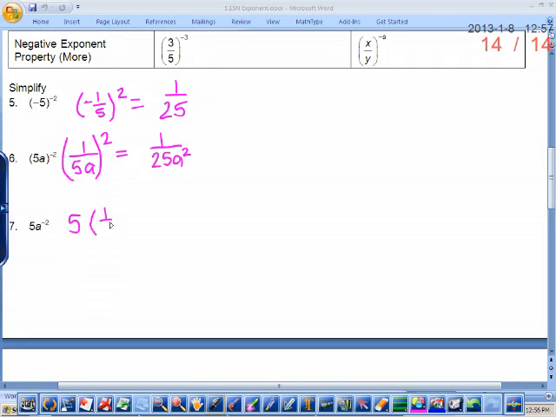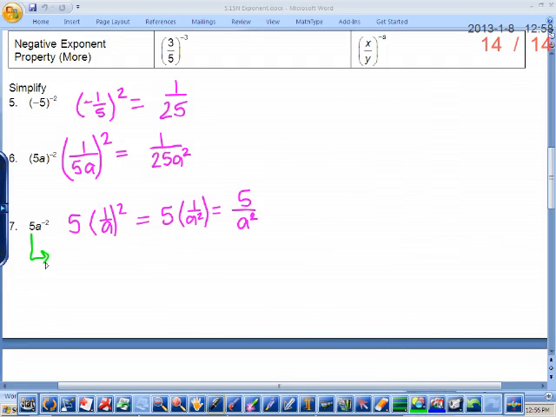It becomes 1 over a squared. So 5 times 1 over a squared. And how does that simplify? Good.